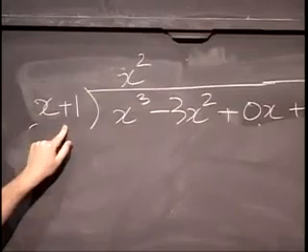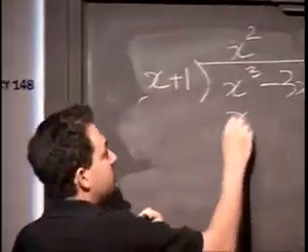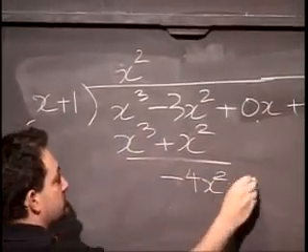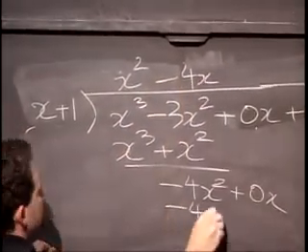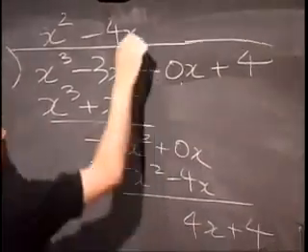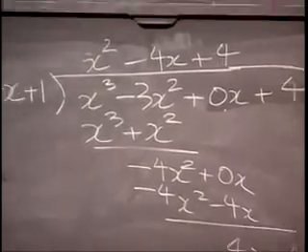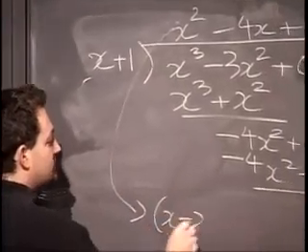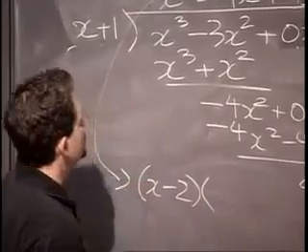Remember, x equals minus 1 is a solution, so x plus 1 will be a factor. So anyway, just whipping through this long division. I'll let you check out those details. And I get x squared minus 4x plus 4. And so actually this one does factor into x minus 2 all squared.